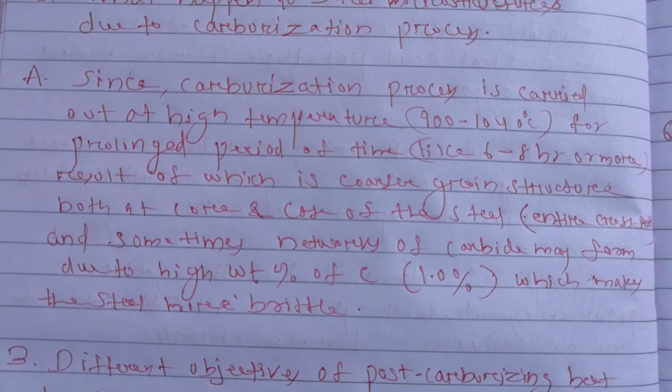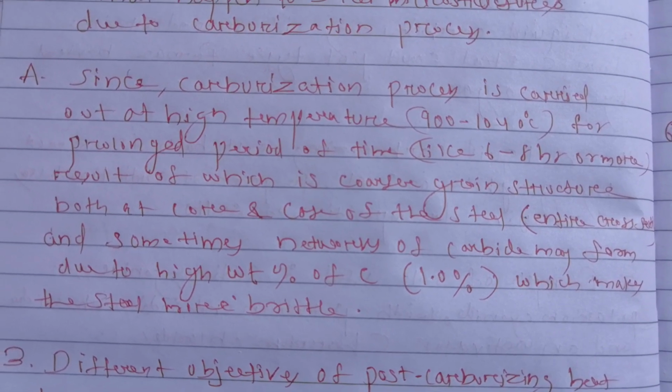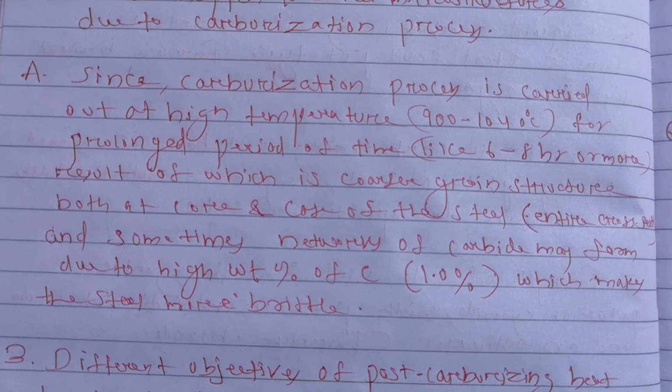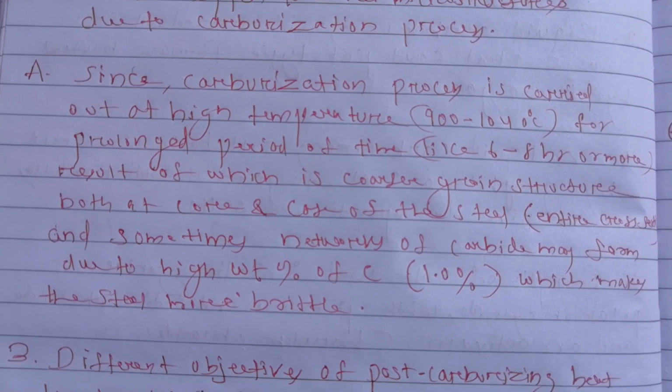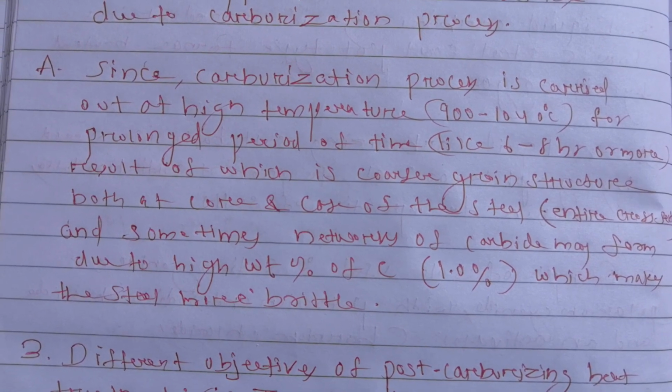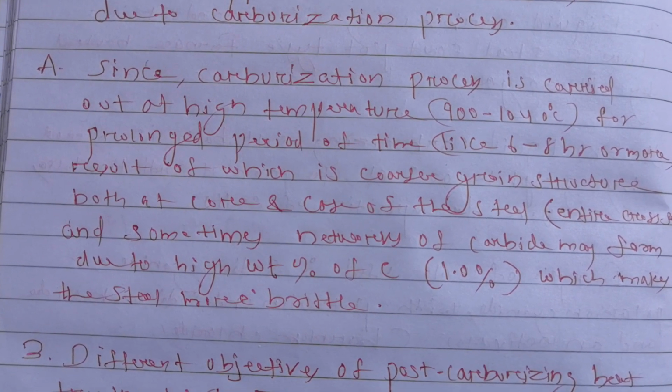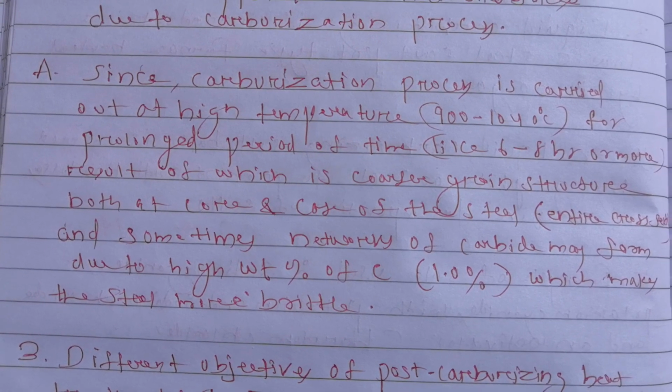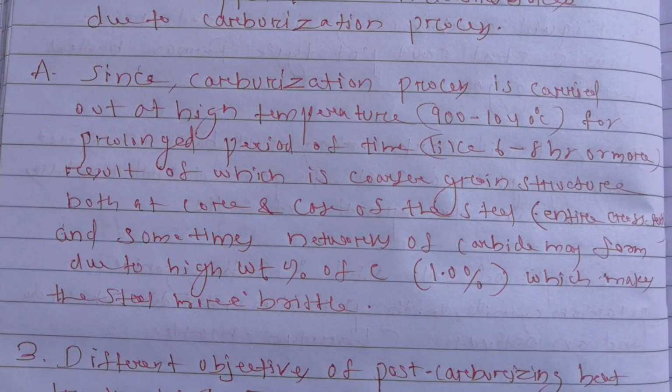So due to these two reasons, the grains at the core and at the case become coarser, and once the grains become coarser, we understand the hardness and the strength of the steel get reduced.